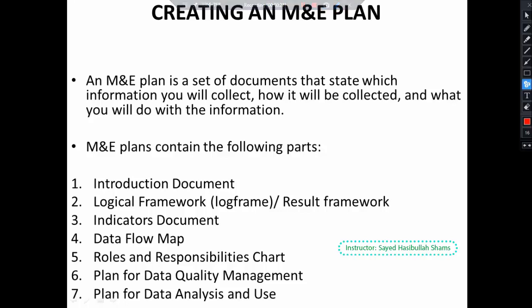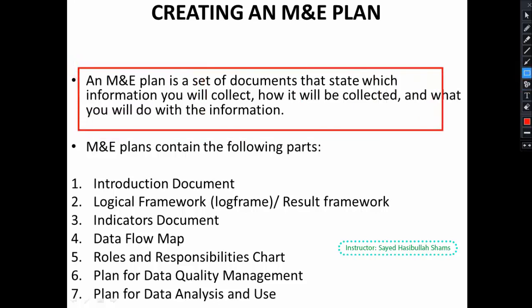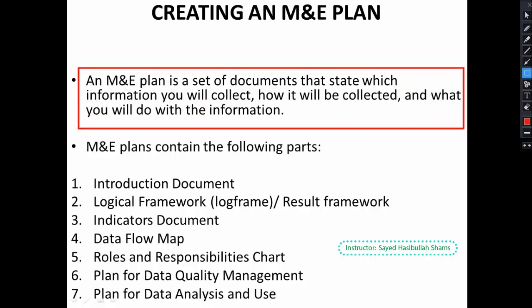The definition is that the M&E plan is the set of documents that state which information we will collect, how it will be collected, and what we will do with the information. So according to this definition, we understand that the M&E plan deals with how to collect information and the usage of information.